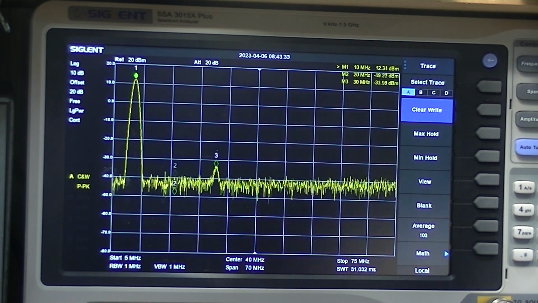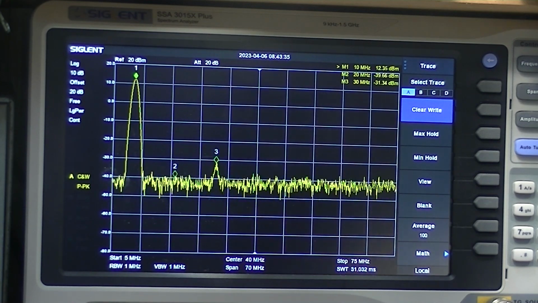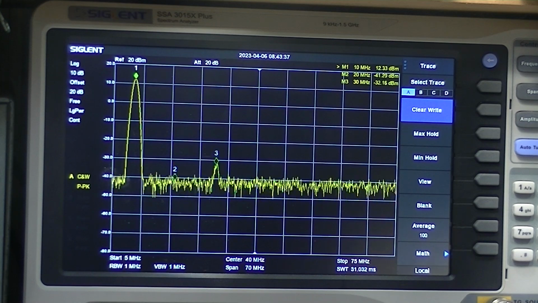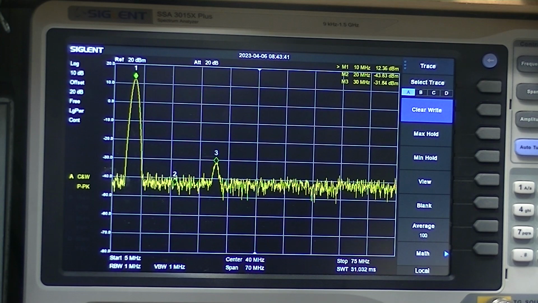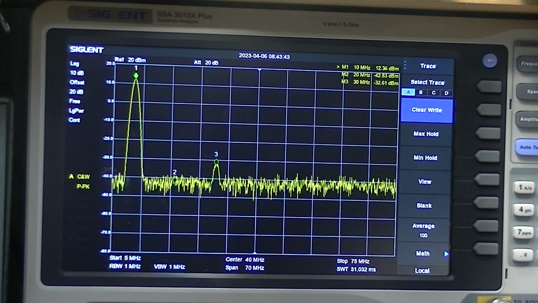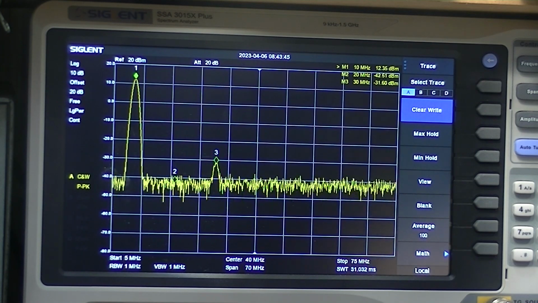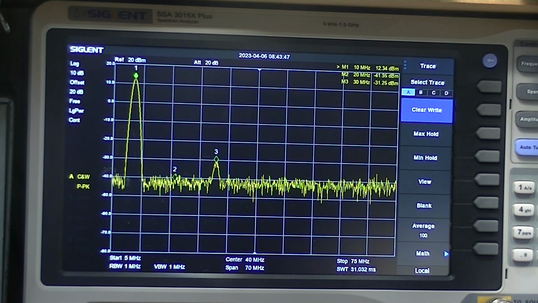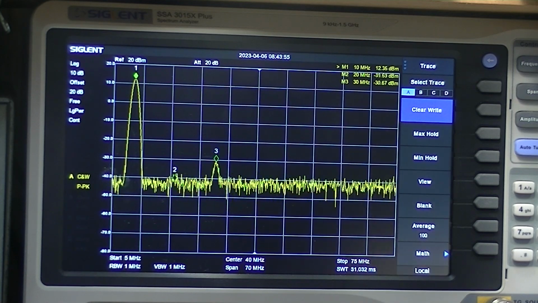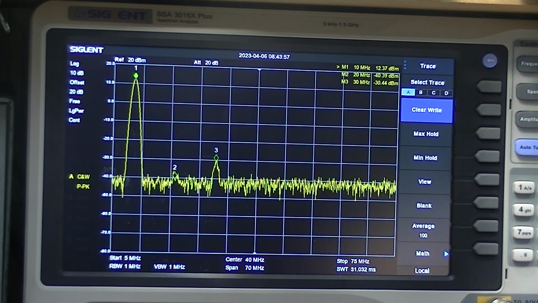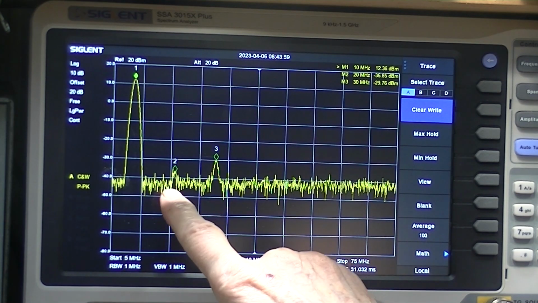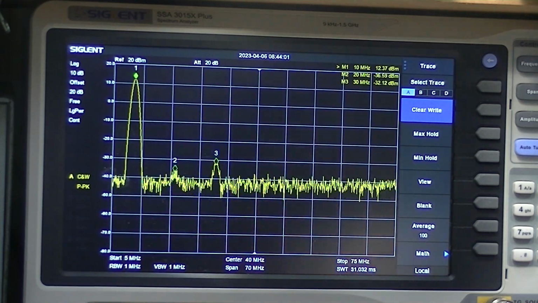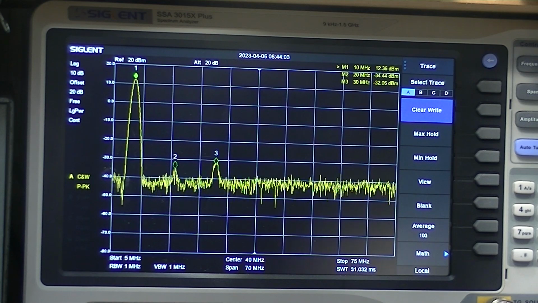I'm going to put these terminators back on. One, two, three. You see a little bit is becoming visible of the second harmonic at 20 megahertz.